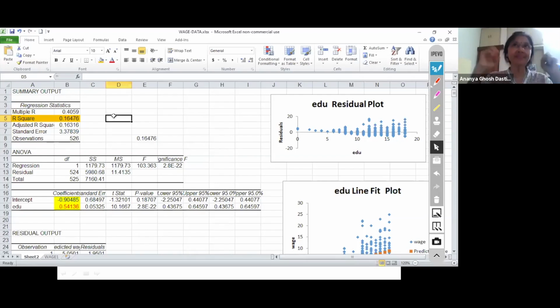The answer has broadly three parts to it. So what is the question? The question is, whenever I'm running a regression, what is it that I'm doing? I'm asking, to what extent is it the case that the variation in my dependent variable is actually explained by variation in my explanatory variable?